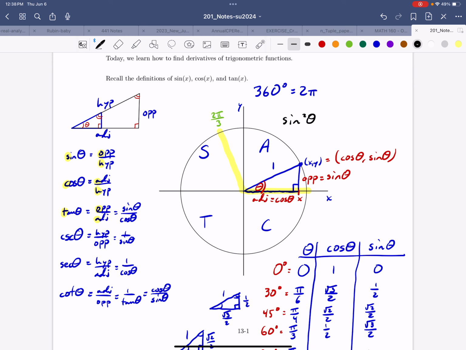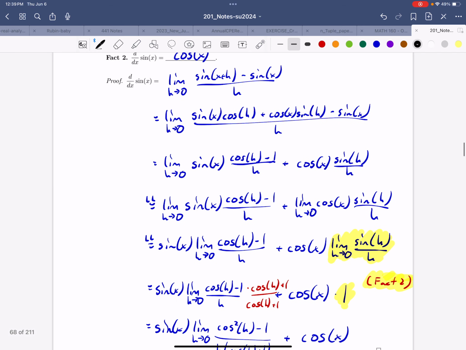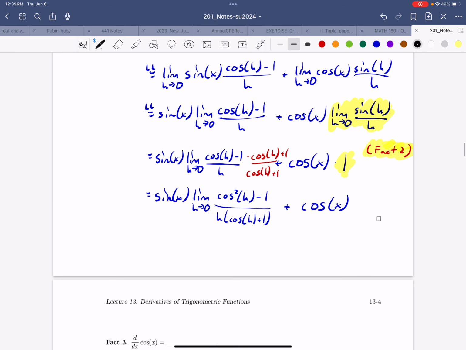Sine squared of theta plus cosine squared of theta equals 1 squared, or just 1. So if sine squared plus cosine squared equals 1, then we're going to get sine of x times the limit as h approaches 0 of negative sine squared of h.